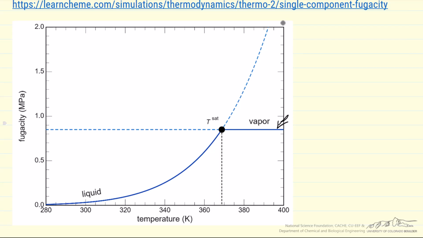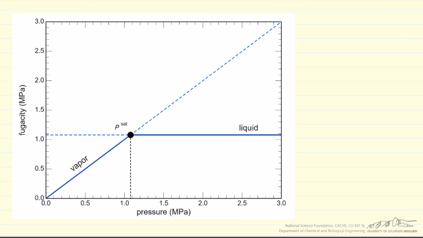So let's look now at fugacity as a function of pressure at constant temperature. And what we see is that at low pressures where we have a vapor, fugacity is equal to pressure, so this is a 45-degree line. As we increase the pressure, the phase with the lower fugacity is the stable phase.